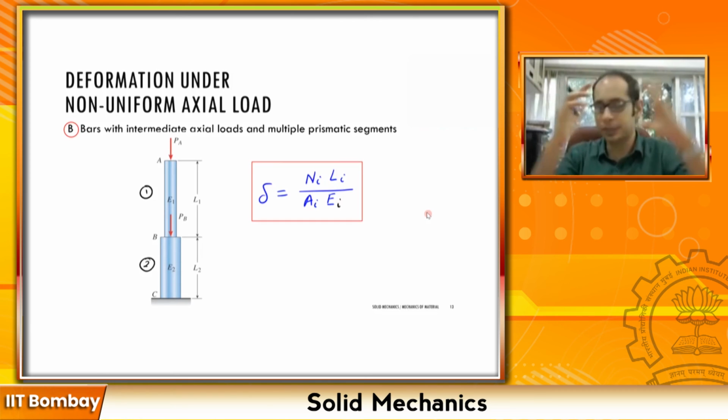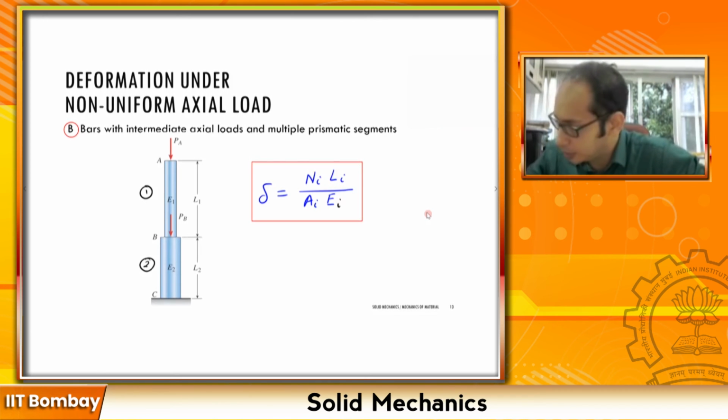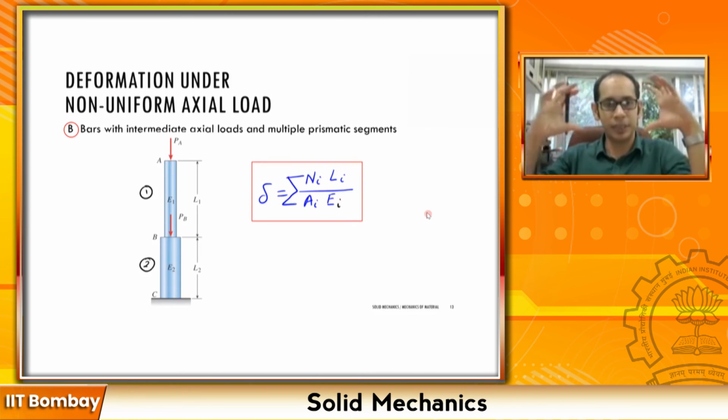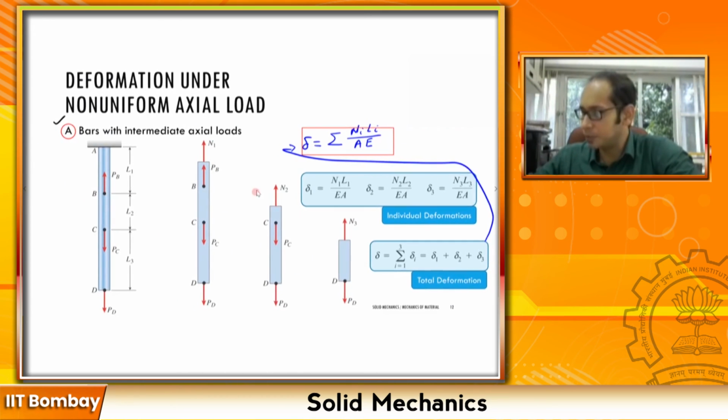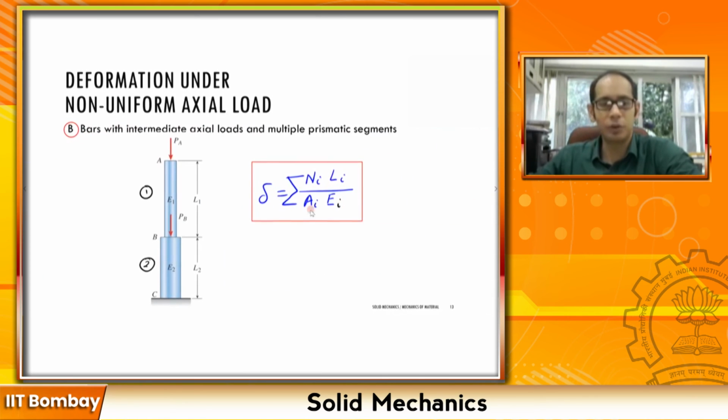So the overall delta, sorry, I forgot to put the summation sign, is going to be the summation of this entire thing, Ni Li divided by Ai Ei, as I had for the previous page. This is a more generic formula that you get. So the sum of these individual deformations is going to give you the total deformation, right?